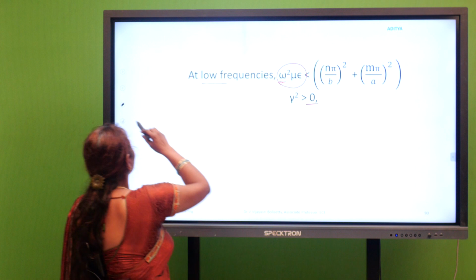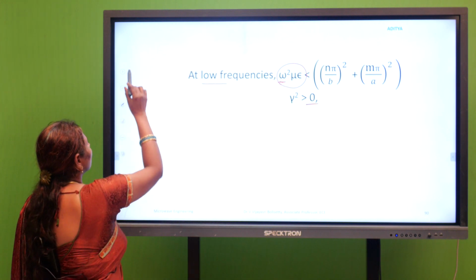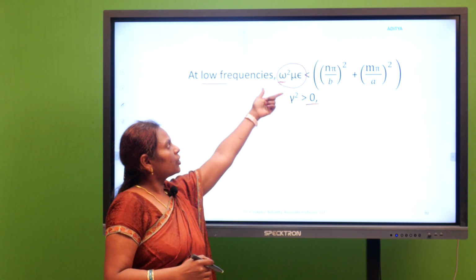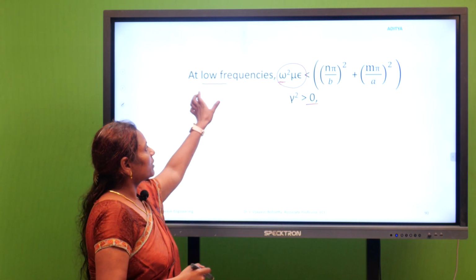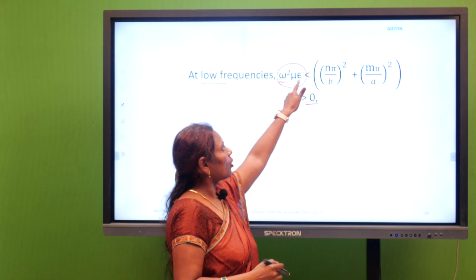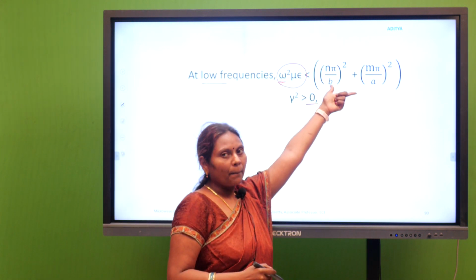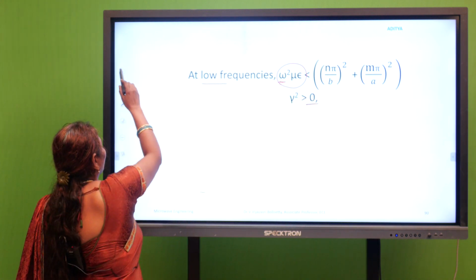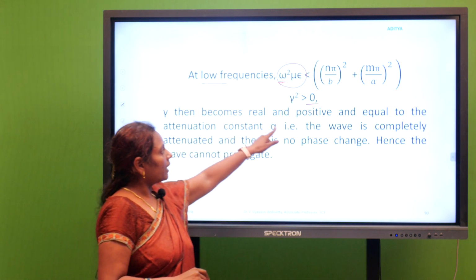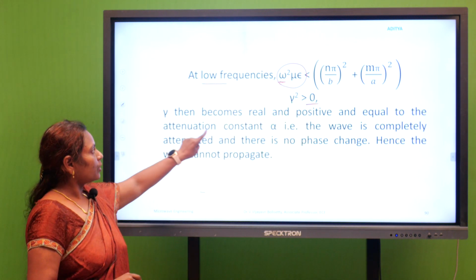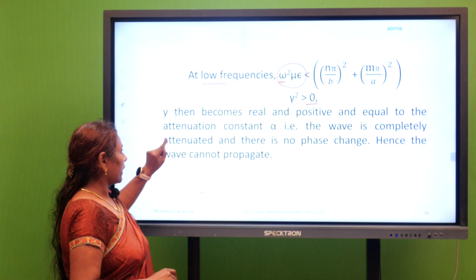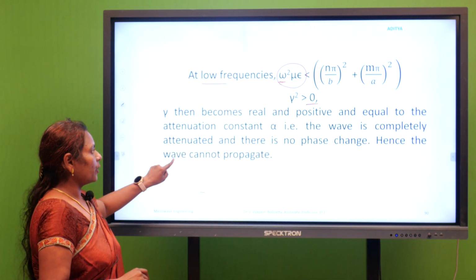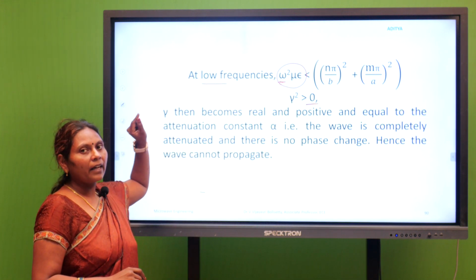So this is the condition showing that at low frequencies, that means for frequencies with omega square mu epsilon less than (n pi by b) whole square plus (m pi by a) whole square, we are not able to propagate that signal. So gamma becomes real and positive and equal to the attenuation constant alpha. Therefore the wave is attenuated and there is no phase change, hence this wave cannot propagate through the rectangular waveguide.